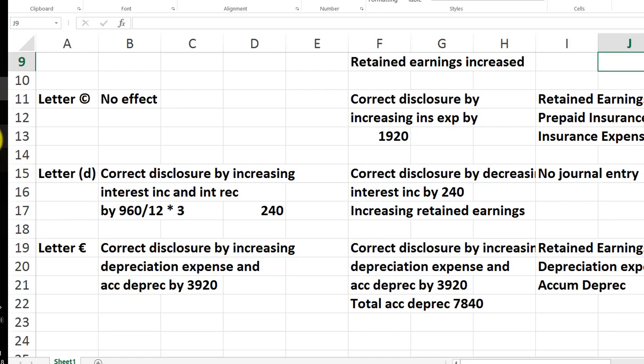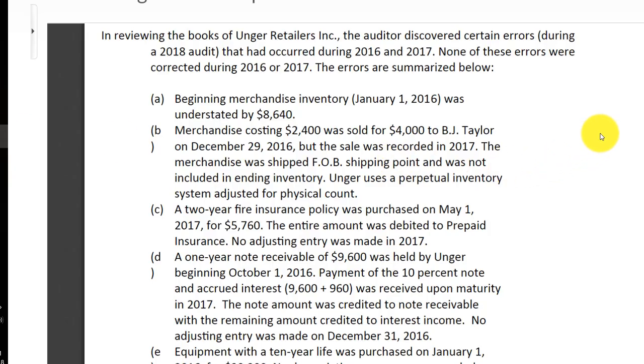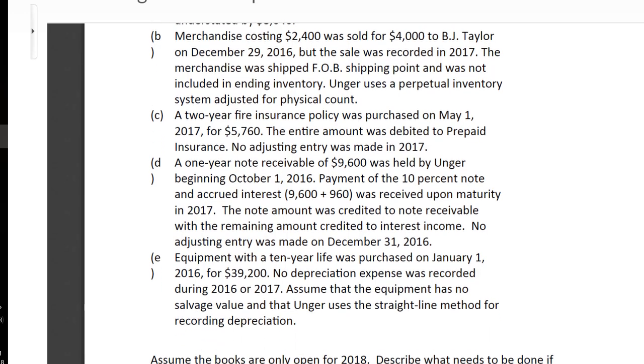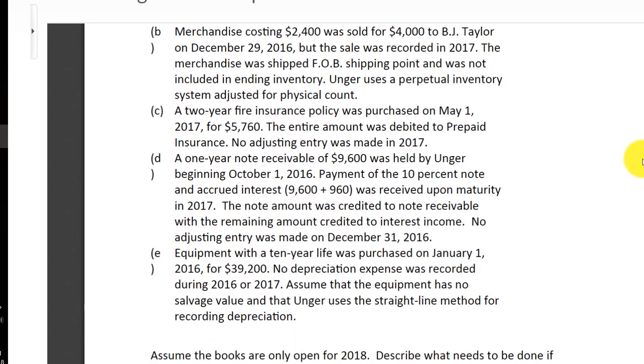All right. Letter D, a note receivable. That means we're owed money beginning October 1st. Payment of a 10% note and accrued interest was received upon maturity in 2017. The note amount was credited to note receivable with the remaining amount credited to interest income. No adjusting entry was made on December 31st.